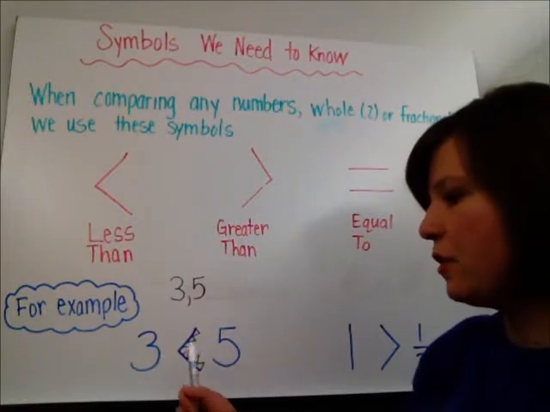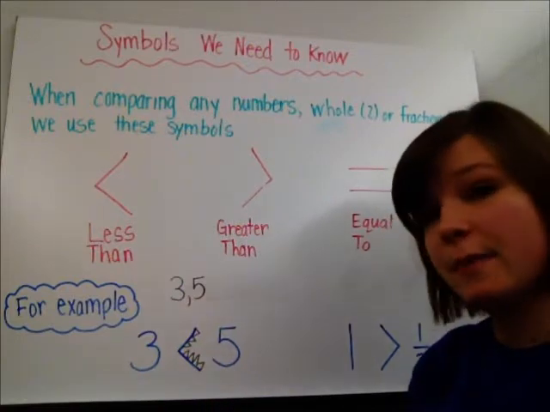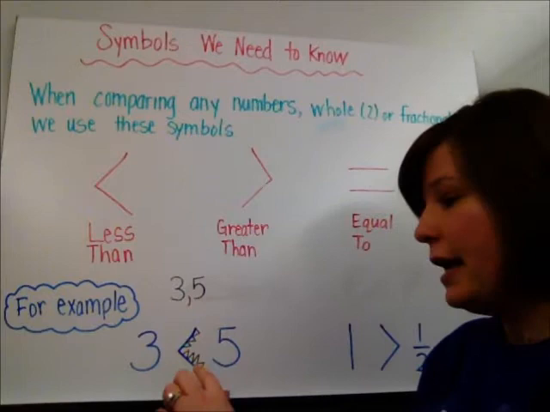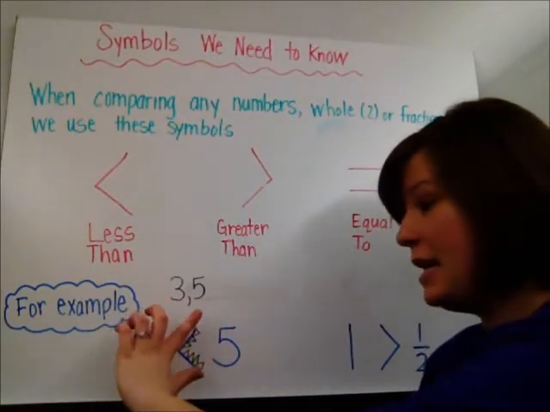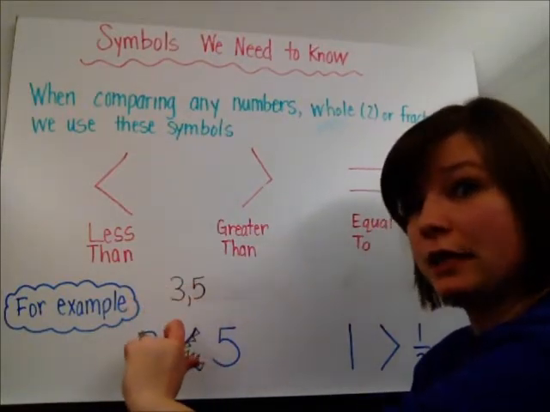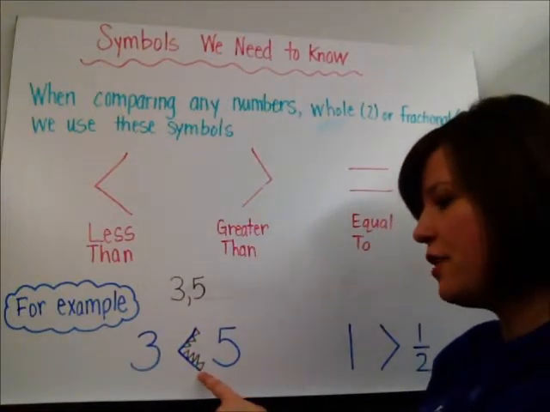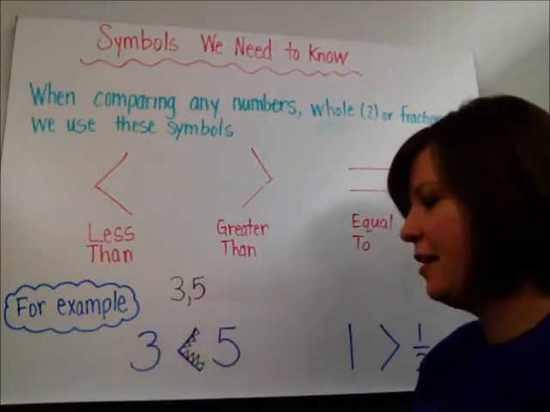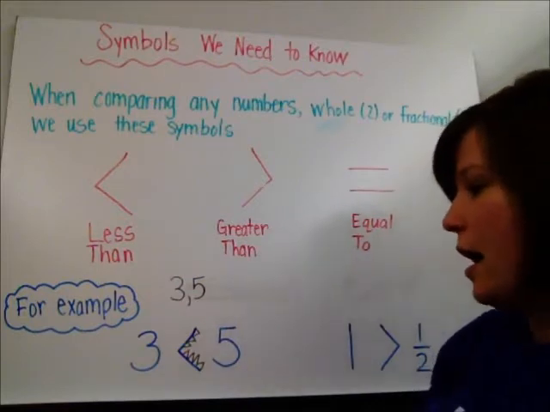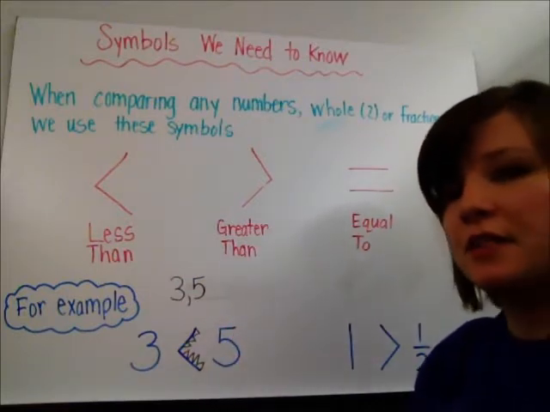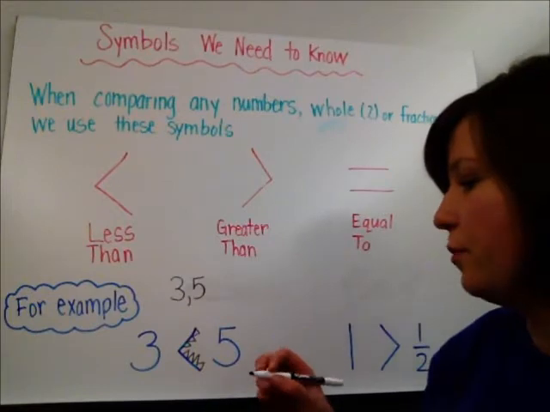It doesn't matter if you put the 3 or the 5 first, but what does matter is that the symbol is, I like to say, eating the bigger number because it's really hungry. So I drew some little choppers on here so that you can tell that he's eating the bigger number. The symbol will always face the bigger number of the two.